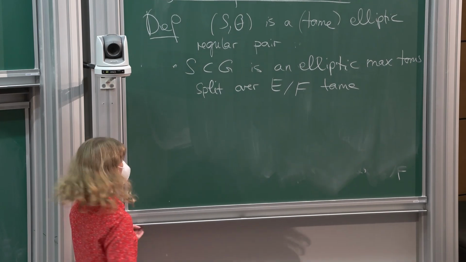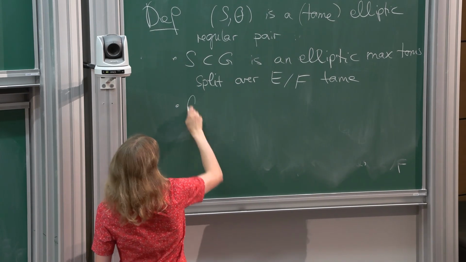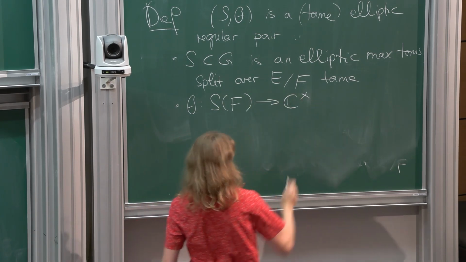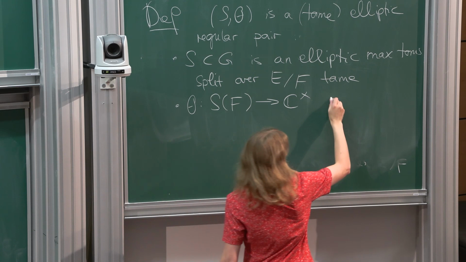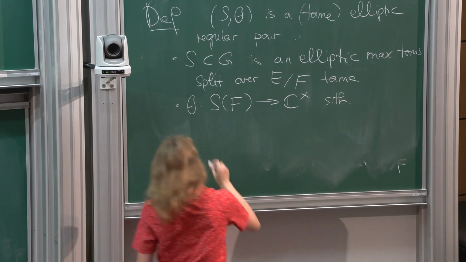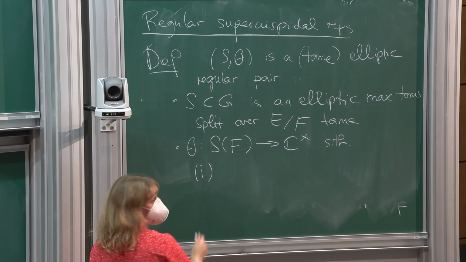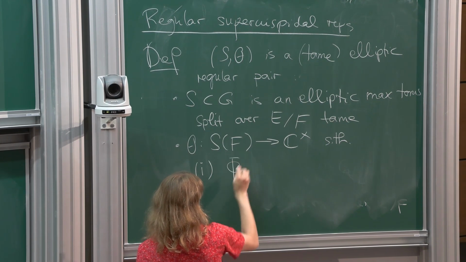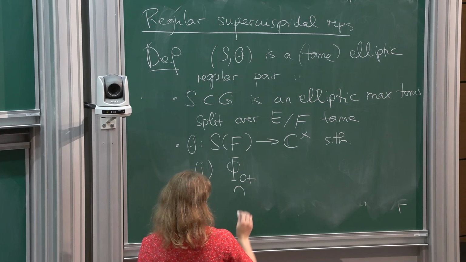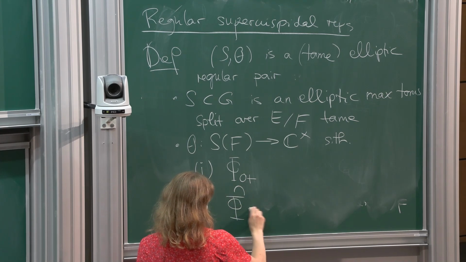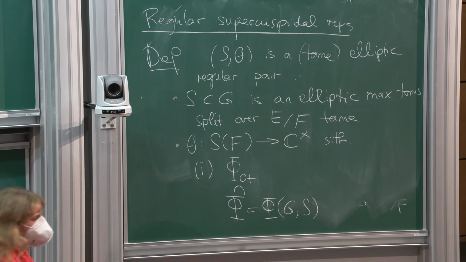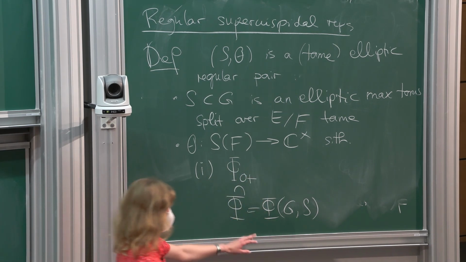So that's S. What is theta? Theta is the character of our torus that satisfies two conditions. The first one is the following. I define for you Phi_0^+, a subset of the root system Phi of our group with respect to S. Again, I always mean absolute roots, so that's the absolute root system.